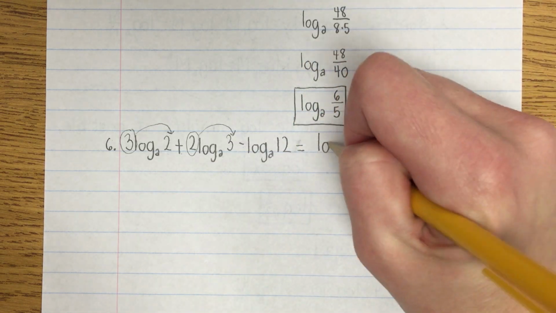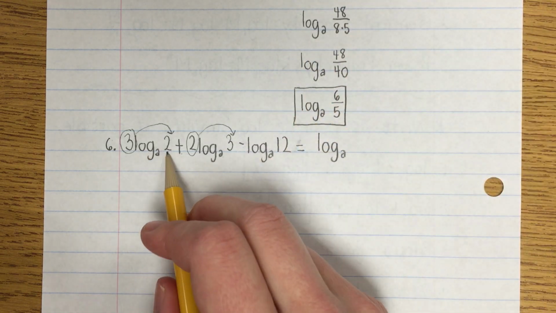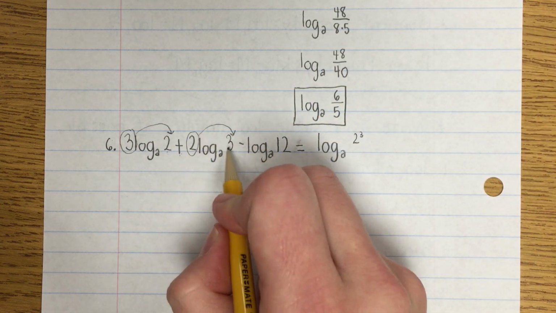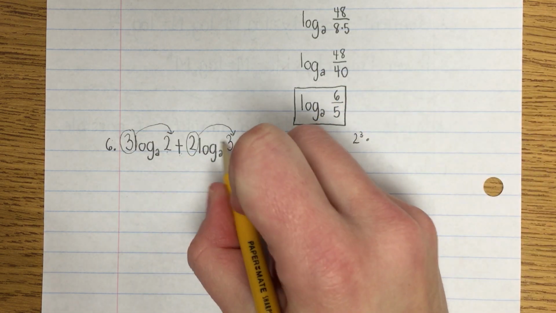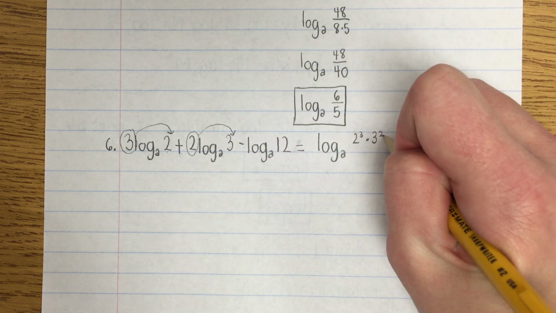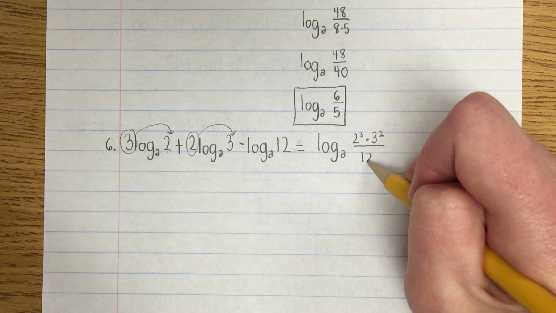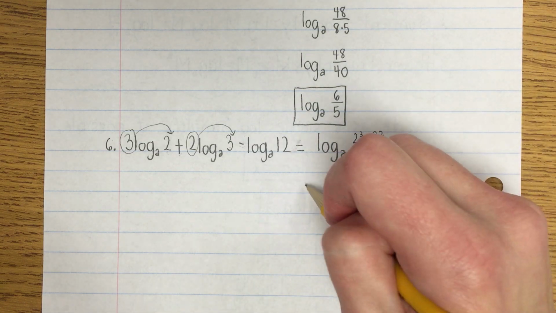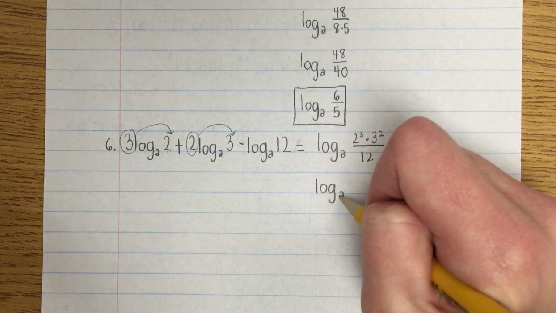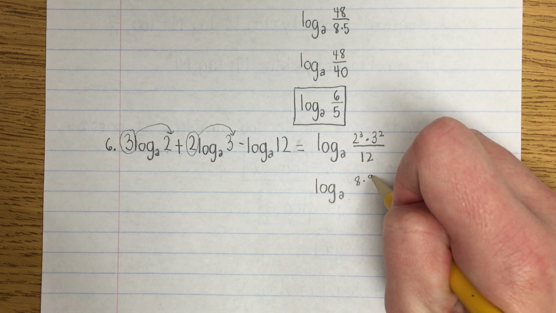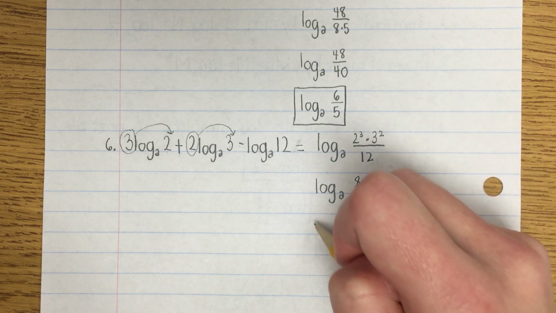So I would have log base a of 2 to the third power. Because of that plus, I'd have times 3 to the second power divided by, because of that minus sign, the 12 goes in the denominator. So a lot of simplifying I need to do. Log base a of 8 times 9 over 12.